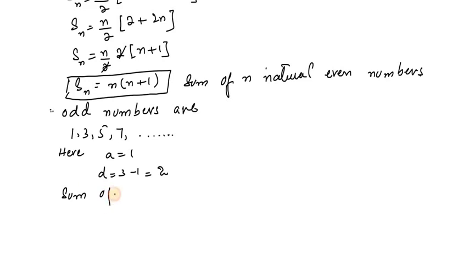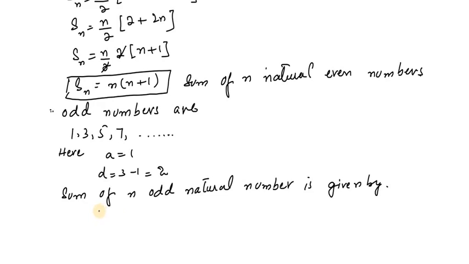Sum of n odd natural numbers is given by Sn is equal to n upon 2 times 2a plus n minus 1 of d.